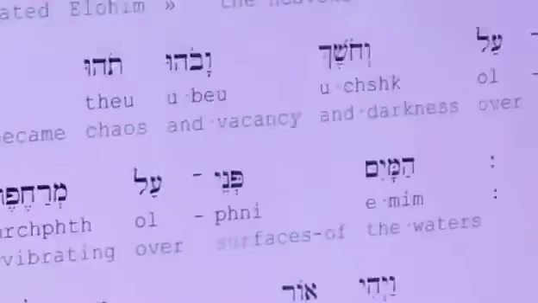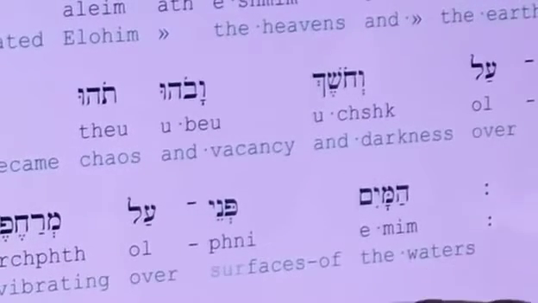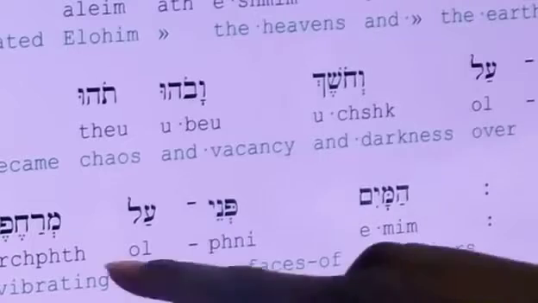So here's an example of the interlinear scriptural analyzer. Basically, an interlinear Bible. What it does is it provides you a literal translation of the words.